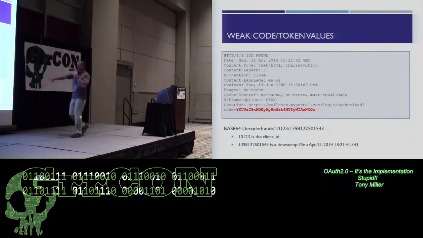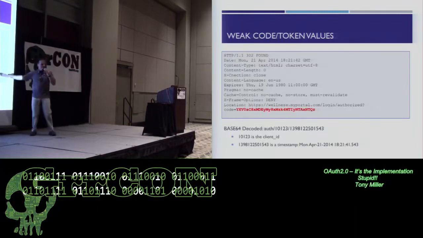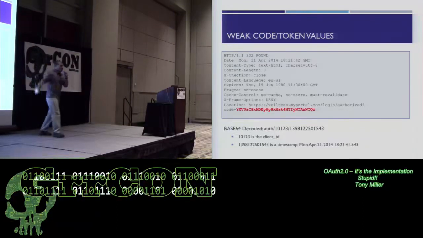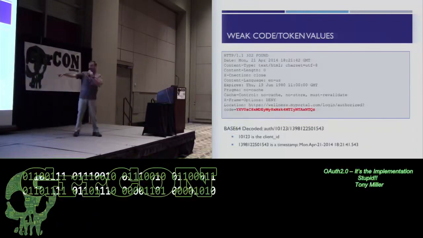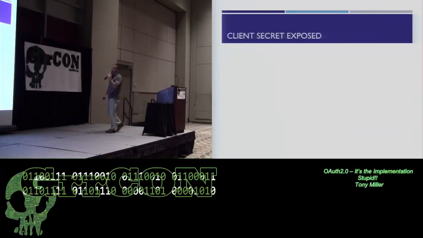Unfortunately, this customer didn't let me look at their interaction between the client and the authorization server, because I'm willing to bet if this is going on here, their access tokens probably look the same. So consider this on an access token. That would be a far bigger deal. That's a token with some life to it, and brute forcing that is obviously no problem at all.